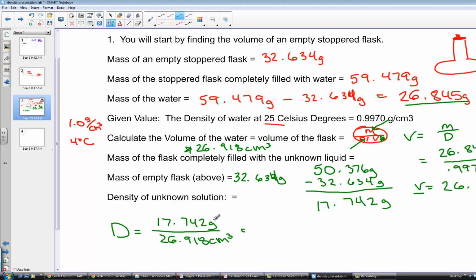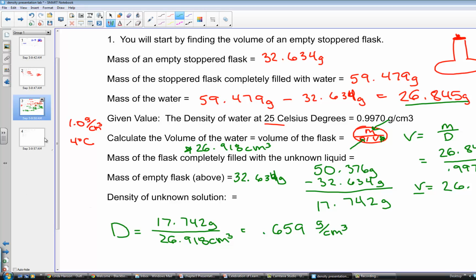The mass there, 17.742, divided by 26.918 cubic centimeters. And my screen is saying 0.659 gram per cubic centimeter. Here's the density of our unknown liquid. Now again, your numbers will be different, but the process will be the same during our experiment.